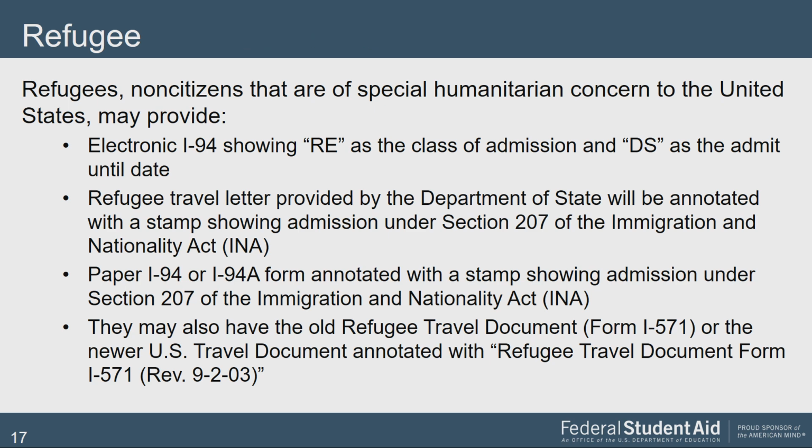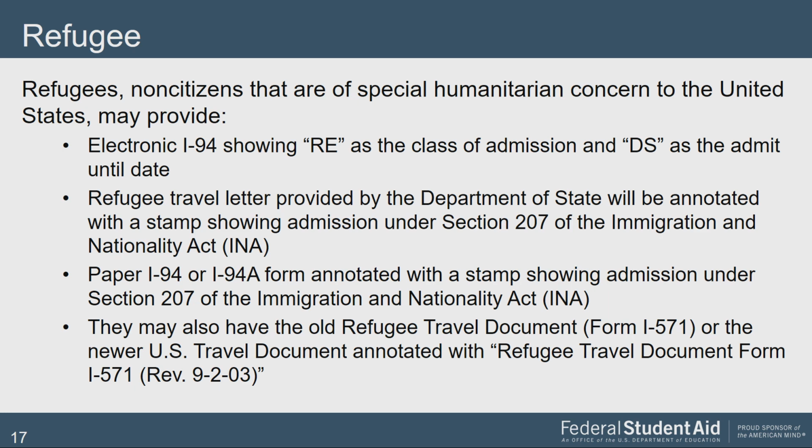A refugee is a person outside his or her country of nationality who is unable or unwilling to return due to fear of persecution or persecution on account. It could be of many different factors. The common documentation for a refugee is an I-94. An I-94 is an arrival and departure record, and I'm going to sound a little bit like a broken record for the next few slides because many of the eligible non-citizen documentation categories will submit to you an I-94 showing their class of admission.